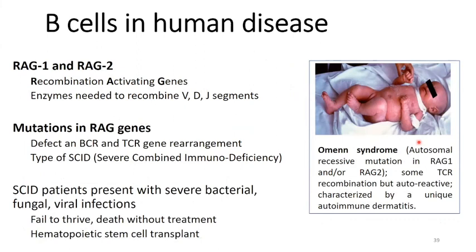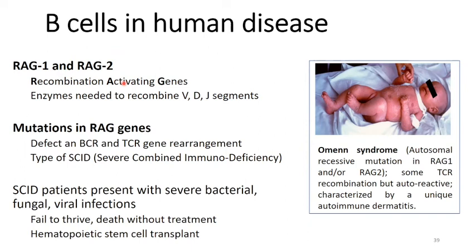That's my last slide. I just wanted to say that there are other immunodeficiencies that affect T cells and B cells. In fact, there are defects in the RAG enzymes. We talked about those enzymes. Those are the ones that cause the gene rearrangement in the B cells. And in fact, because they're involved in T cell gene rearrangement, you get severe combined immunodeficiency.